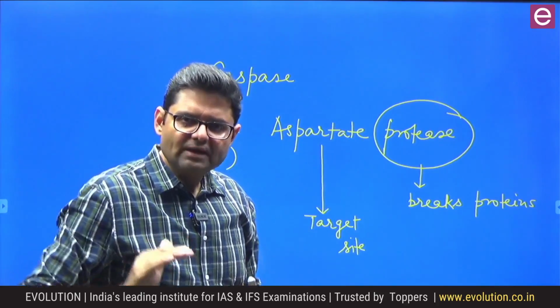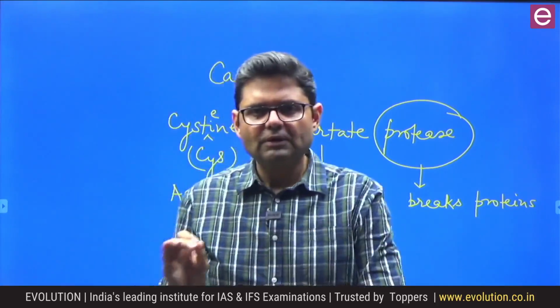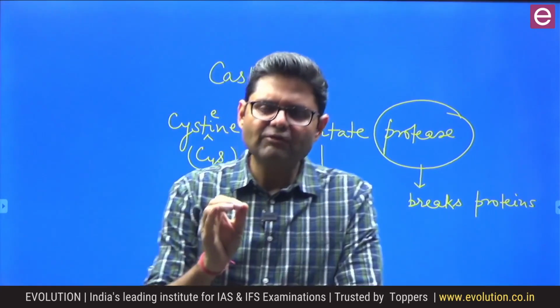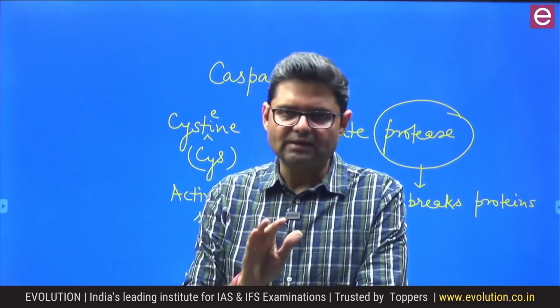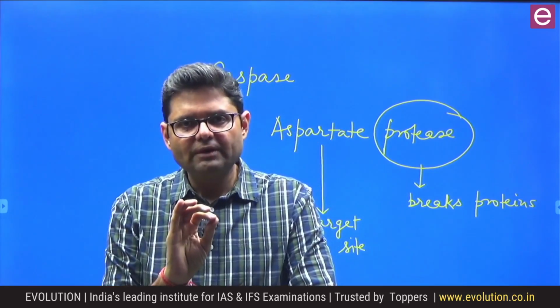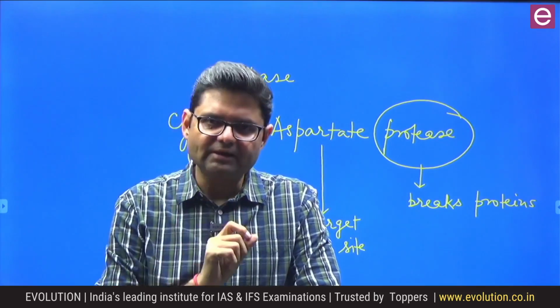These proteases cut a whole lot of cellular target proteins, and in a sequential manner, they will be causing the death of the cell. But these proteins themselves need to be activated by slight cutting.